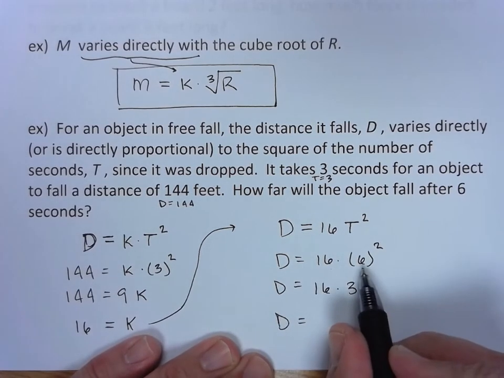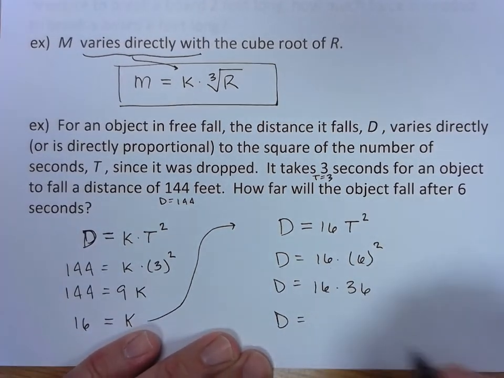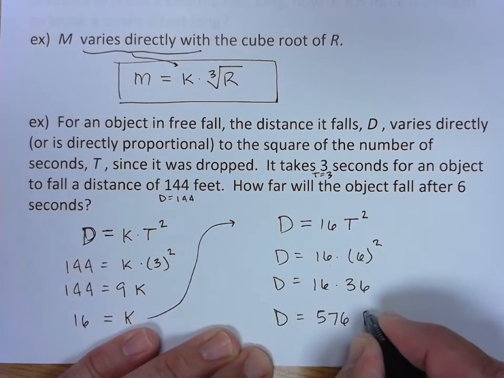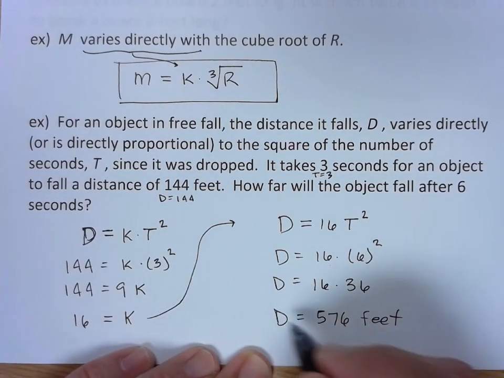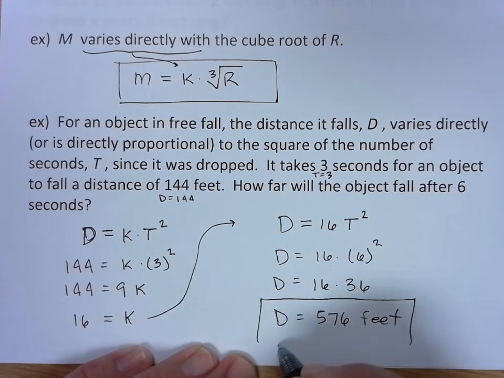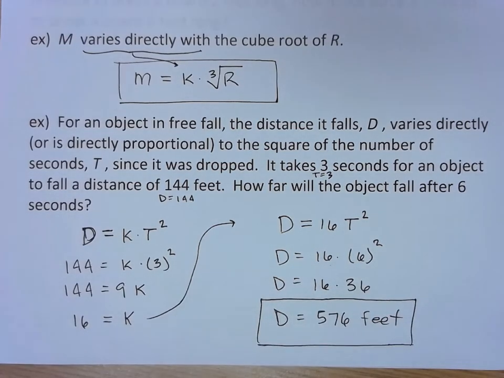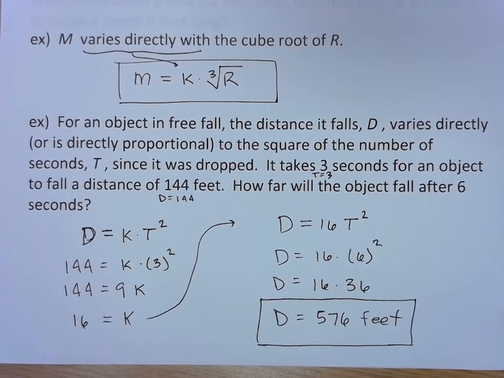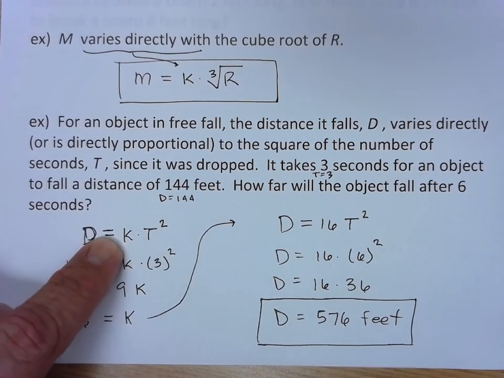So at 6 seconds of travel time or falling time, that object's going to fall 576 feet. So the ultimate answer would be 576 feet, based on the fact that distance and the square of time are related directly like that. So that's one particular type of variation.